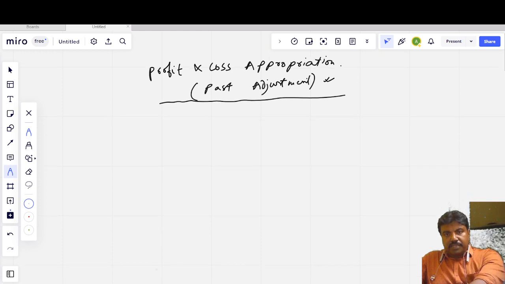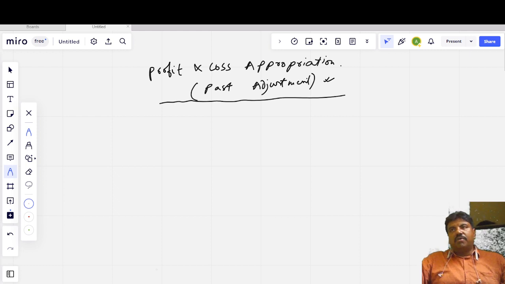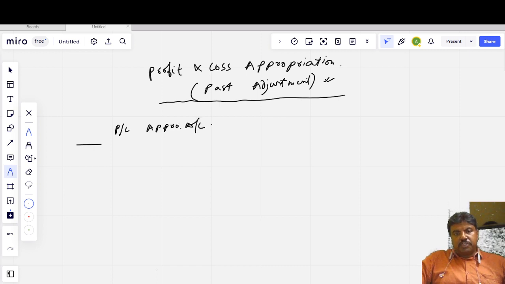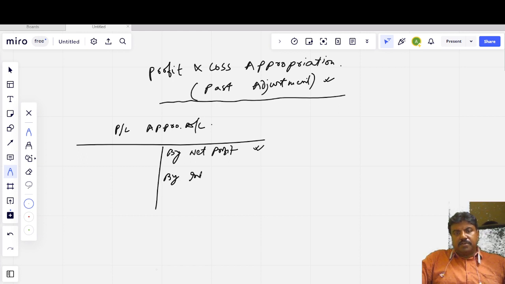So first we will try to understand what is this past adjustment or why this portion is called past adjustment. As we know that a partnership firm, when they prepare profit and loss appropriation account, what are the items written at the credit side? Net profit, interest on drawings. This is generally written at the credit side.